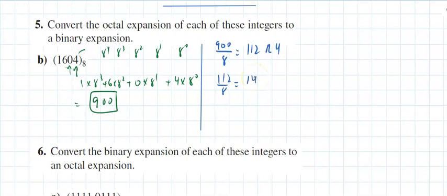Okay, I worked it out. That's 14 plus 0. Instead of remainder, you should say plus 4. And if you take 14 divided by 8, that's of course a 1 remainder of 6.